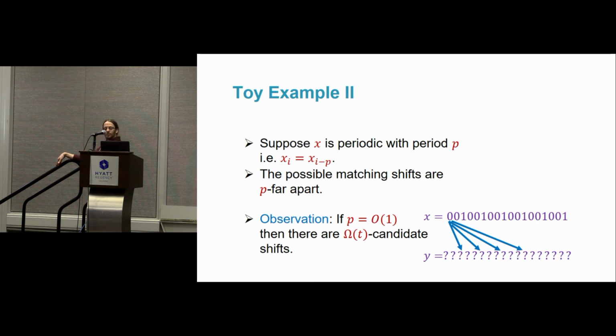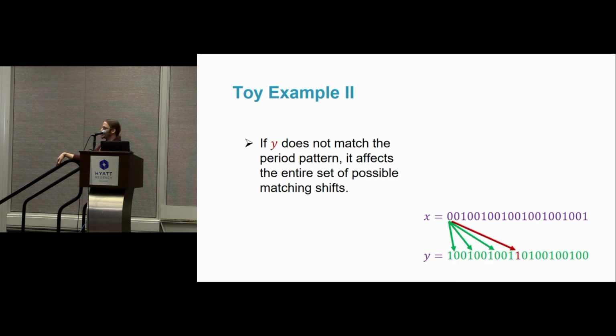But here is a very cool thing about periodic strings. Suppose x is periodic, and now suppose that y is close to being periodic, but then at some point it deviates from the period. Here you can see that the red character doesn't match the period. Then I claim that when y deviates from the period, it affects all the matching diagonals.